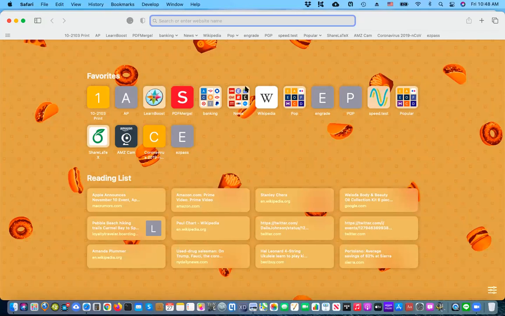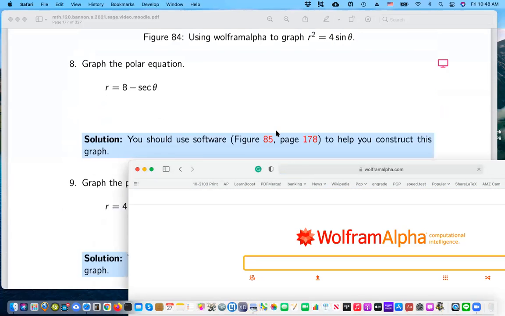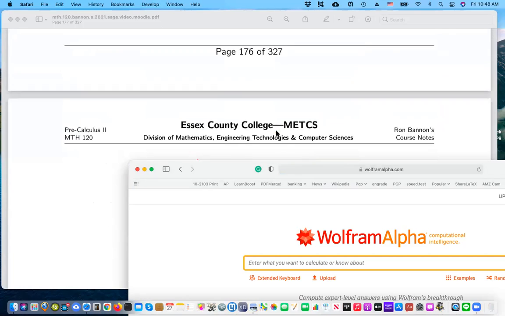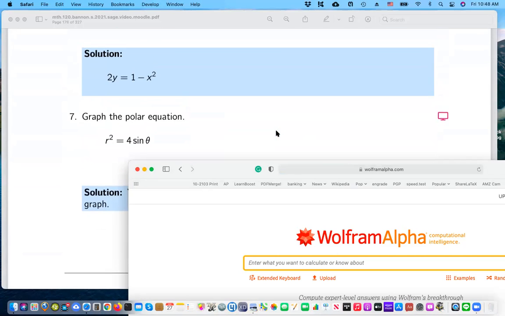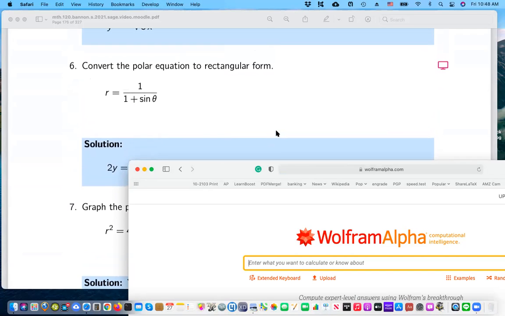I'm going to go to Wolfram Alpha. And again, I want to point out what we're trying to do. And yes, you have to learn how to do this, by the way. By the way, we did number 6. I didn't ask to graph it. It just said convert to polar. I did say it was going to turn out to be a parabola. Let me put that down for you, though.